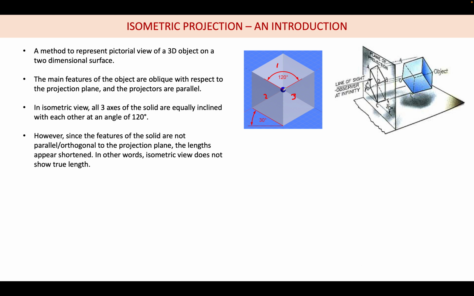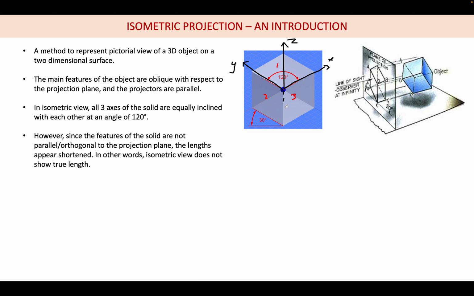So in this case you can see this is one axis and this is one axis. The third axis you can either go down or up. So usually we go up. Because if you consider this x and this y, according to the right hand thumb rule you will get z at the top.